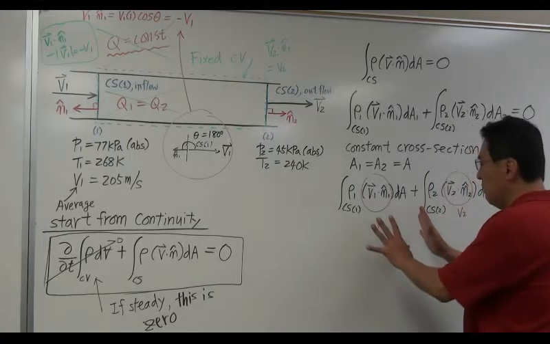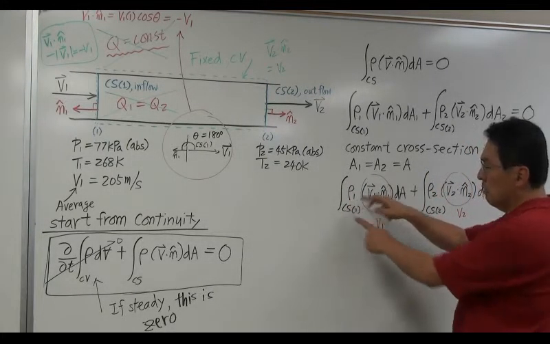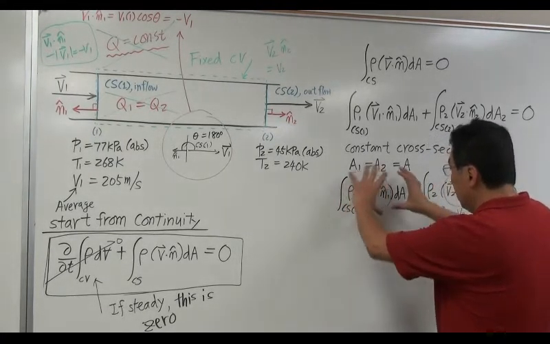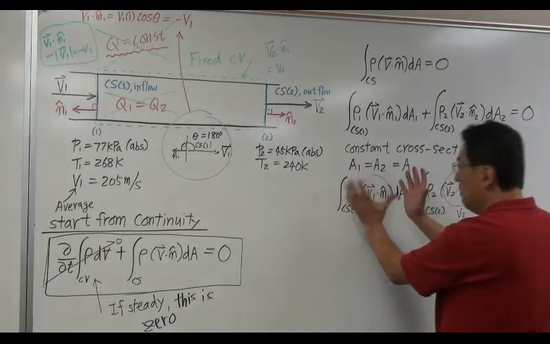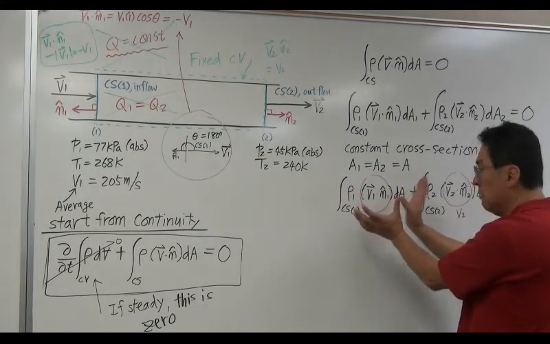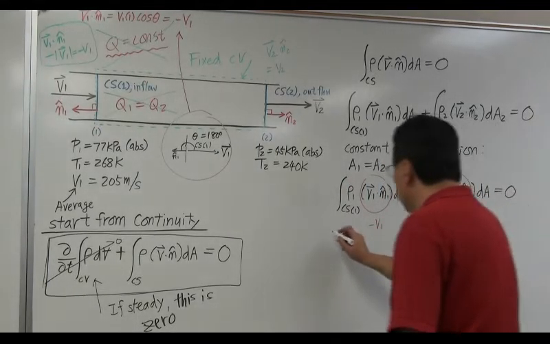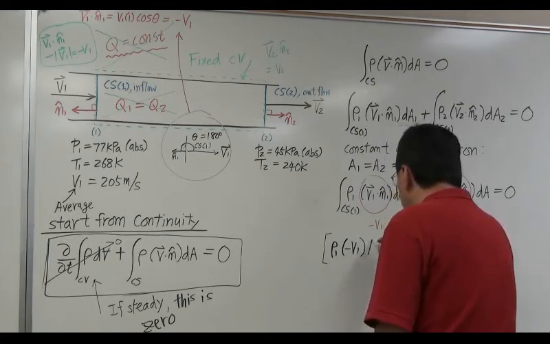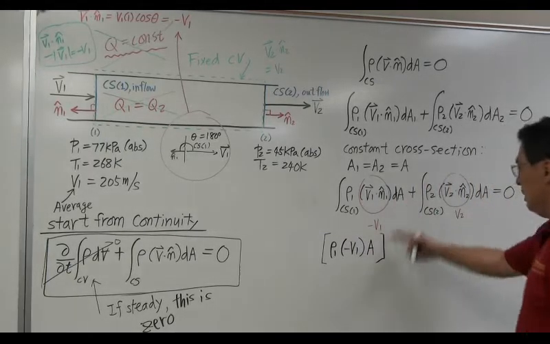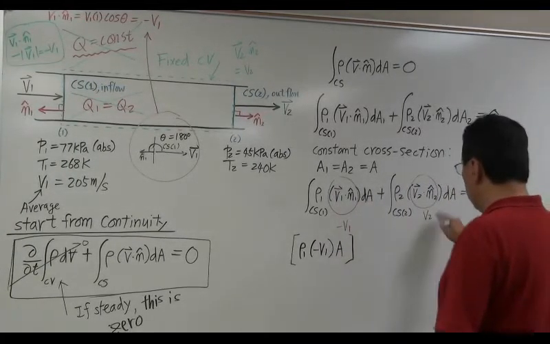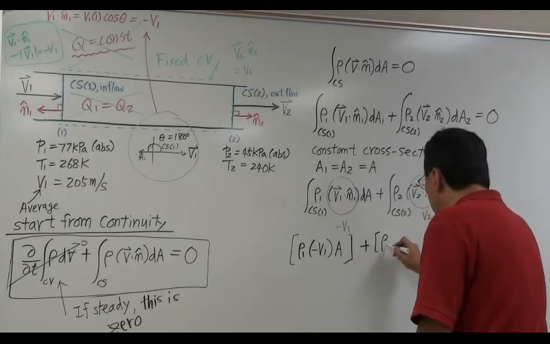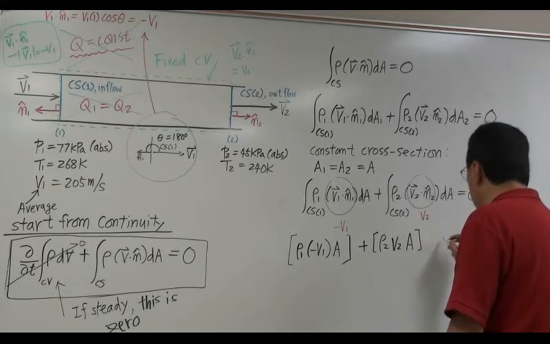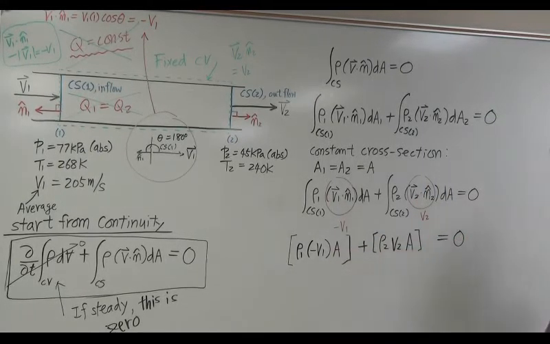So if you integrate rho 1, which is the density across cross-section 1, multiplied by minus the magnitude of velocity V1, and take the integration over the area, which you know is the cross-section area of the pipe, this becomes rho 1 times minus V1 times cross-section area A. Is that right? This one now becomes rho 2 times V2 times A. If you add them together, it's going to be 0.